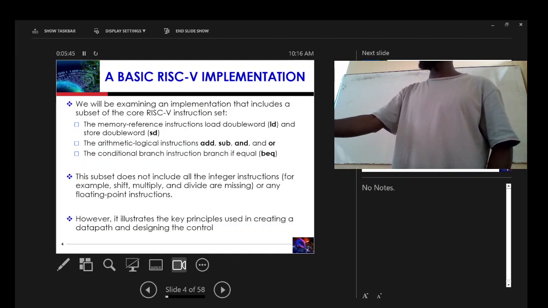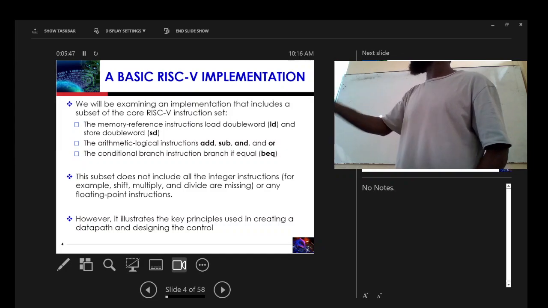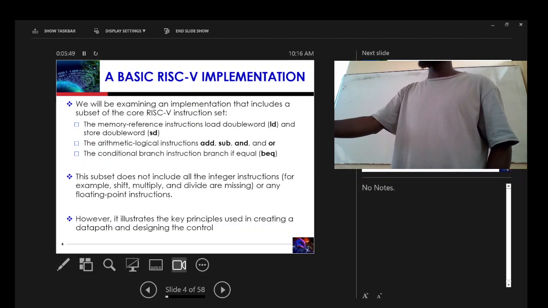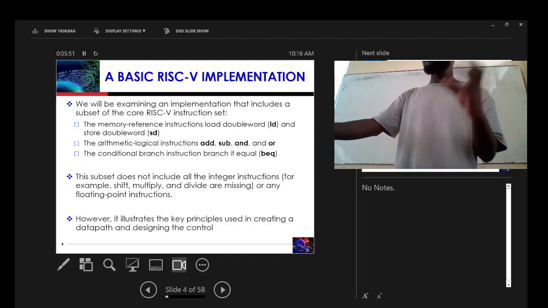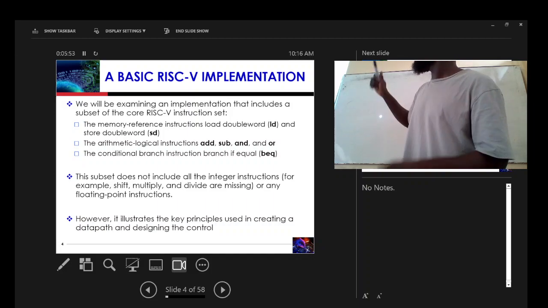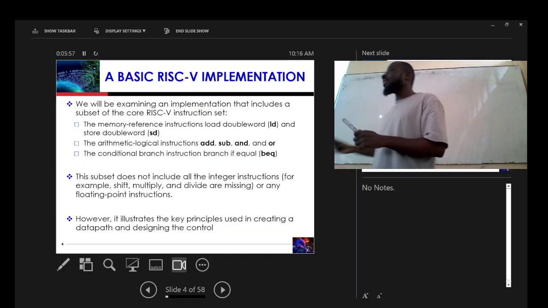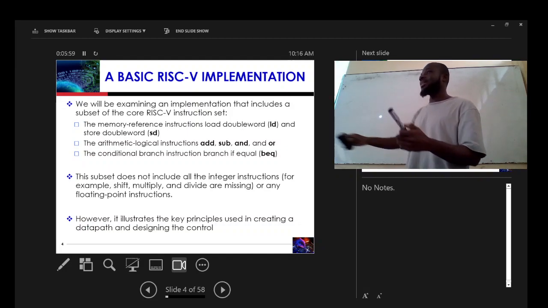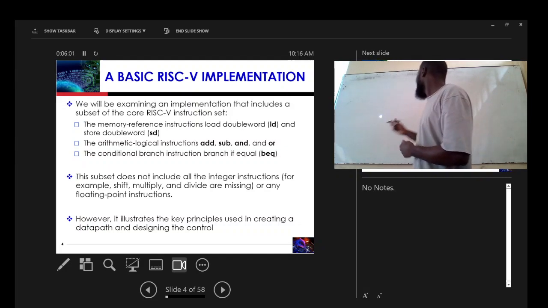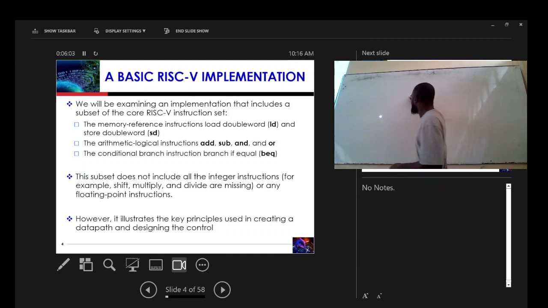that can cover everything. So we will select memory reference instructions that deal with memory. You guys know those kind of instructions, right? That deal with memory. We have memory reference, and then we will select two of them.